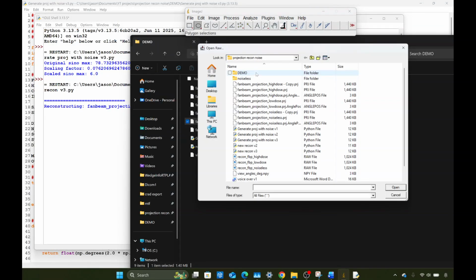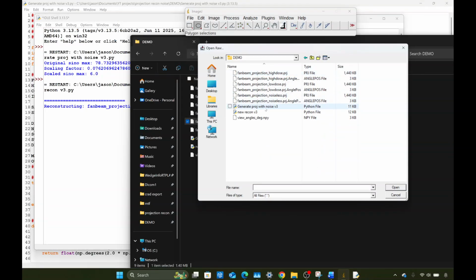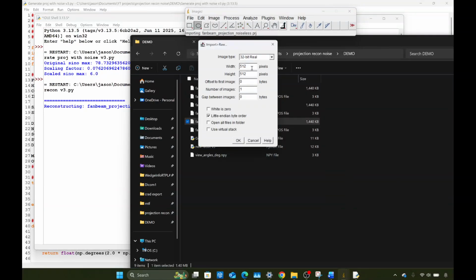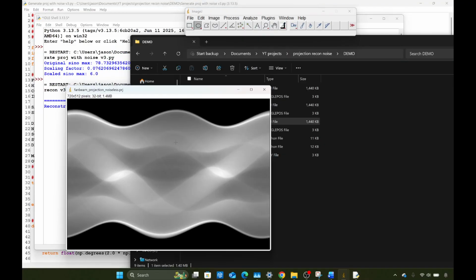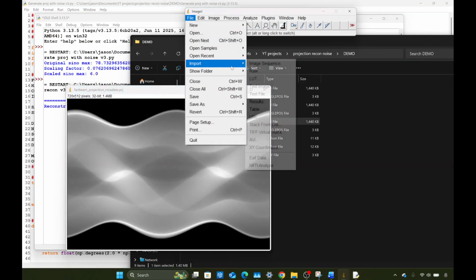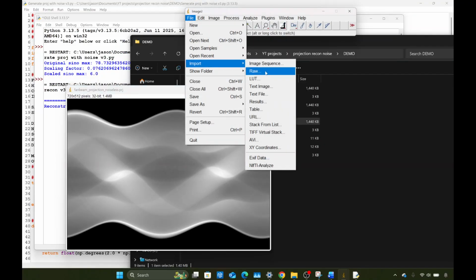We will take a look at our noiseless projection. This is our ground truth, and we will also take a look at the high dose.